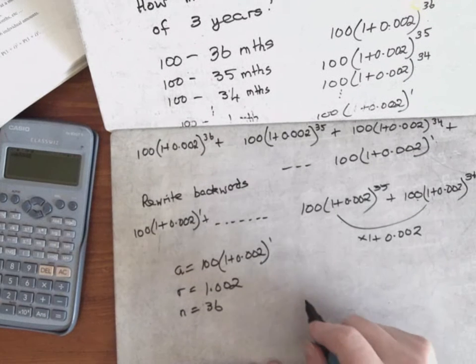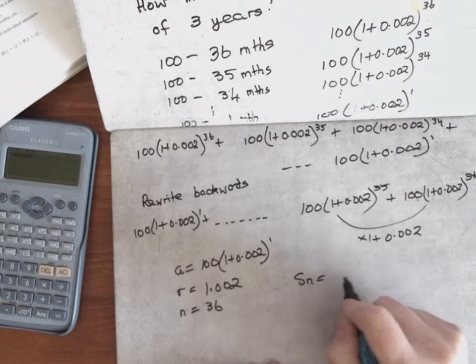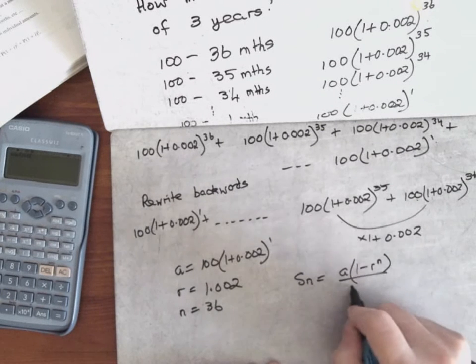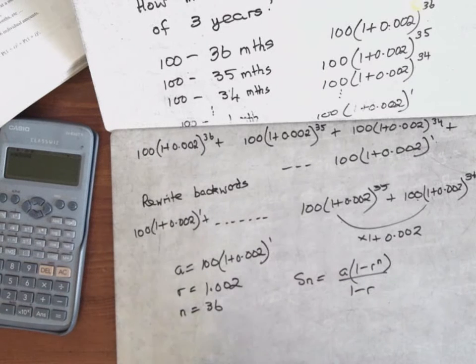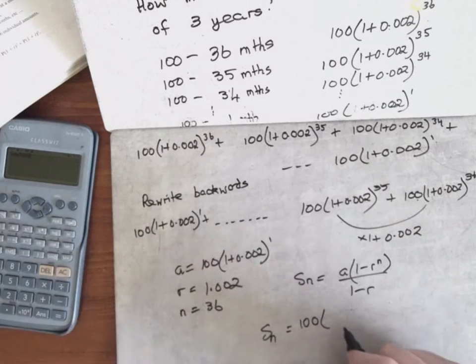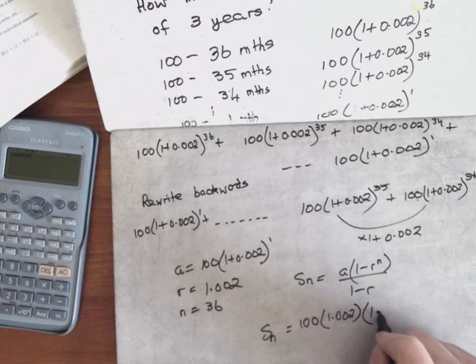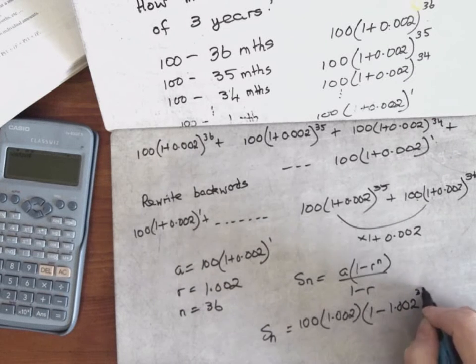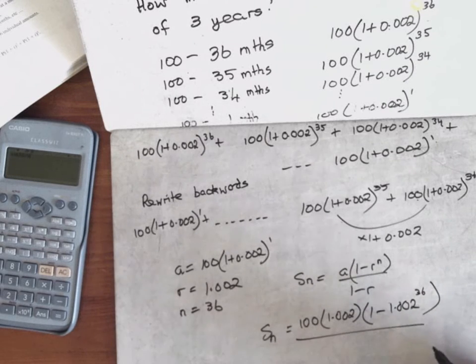So in total, to find out what's in the account, use Sn for a geometric sequence, which is A times (1 minus R to the power of n) all over 1 minus R. The sum of all those terms is A, which is 100 times 1.002, times (1 minus 1.002 to the power of 36), all over 1 minus R, which is 1 minus 1.002.